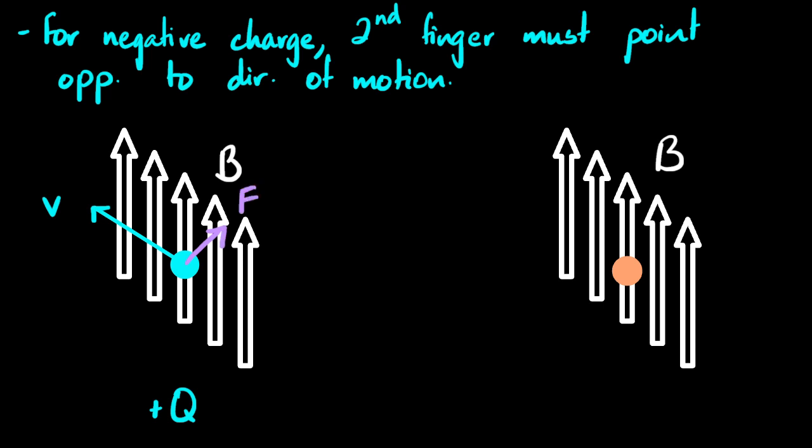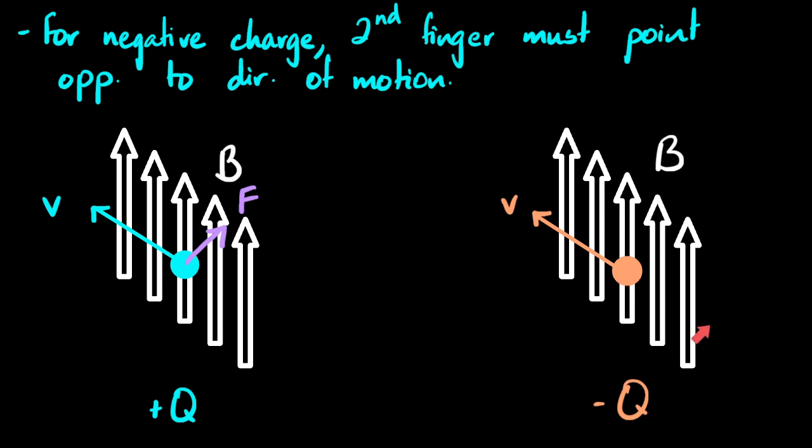So that's the force. And here let's say this particle has a charge of negative Q, and it is also moving in the exact same direction as the positively charged particle was. It's still perpendicular to the magnetic field. If we want to find the direction of the force on this particle, since this is a negatively charged particle and it's moving like this, by Fleming's left hand rule the direction of current will be taken to be like this.